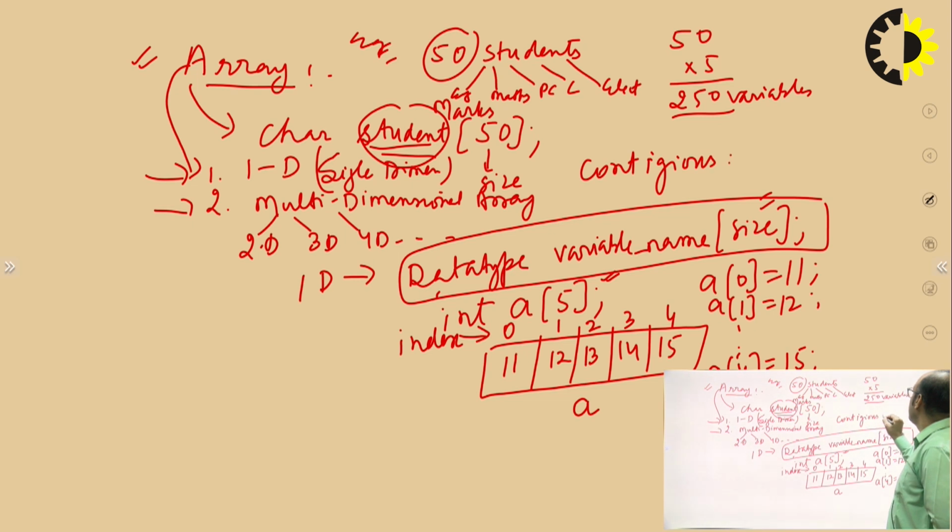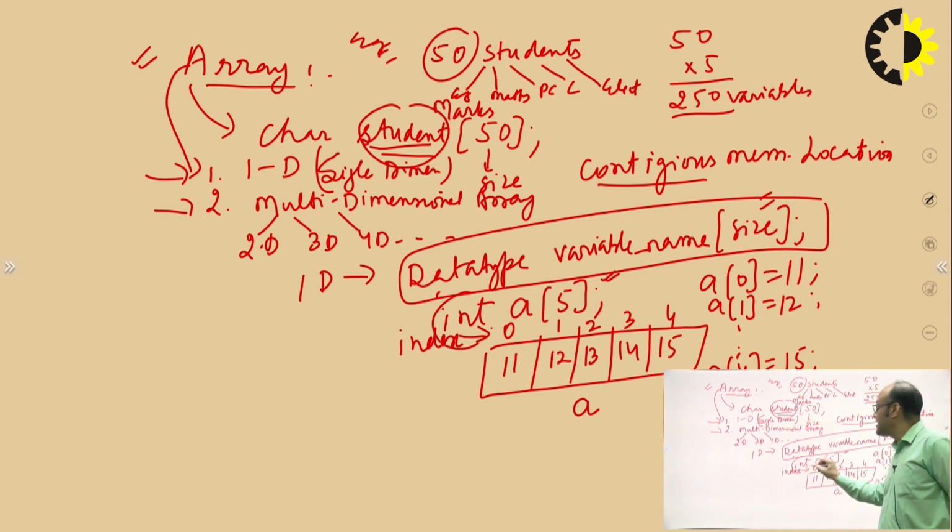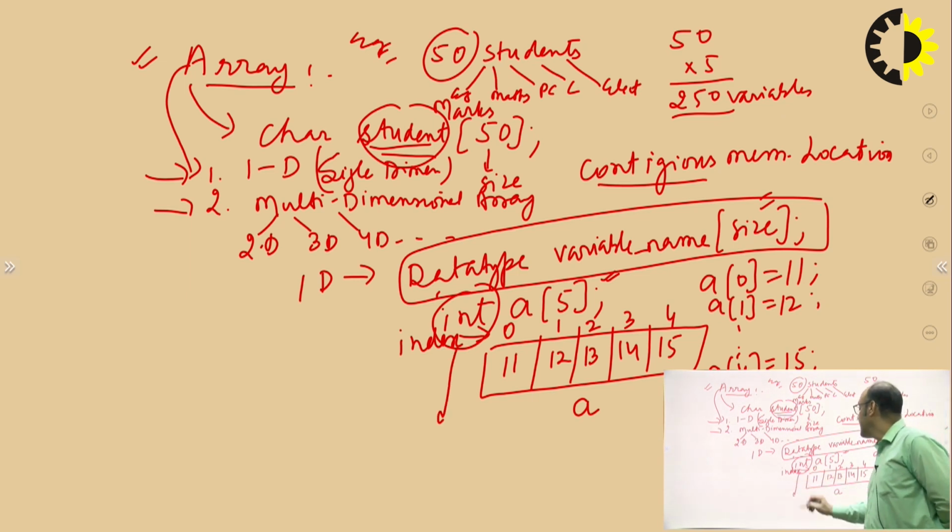Contiguous memory location. Contiguous means not continuous, contiguous. For example, if the data type is integer, we know that integer will keep 2 bytes. So for example, the starting address of this array is 100.